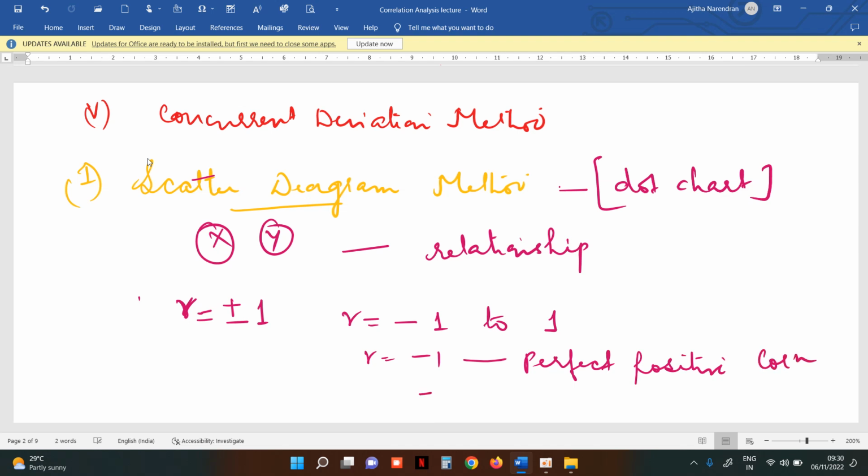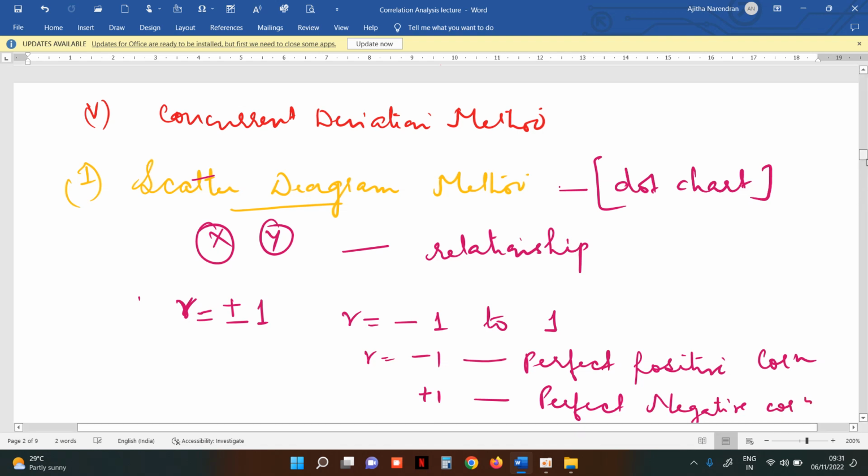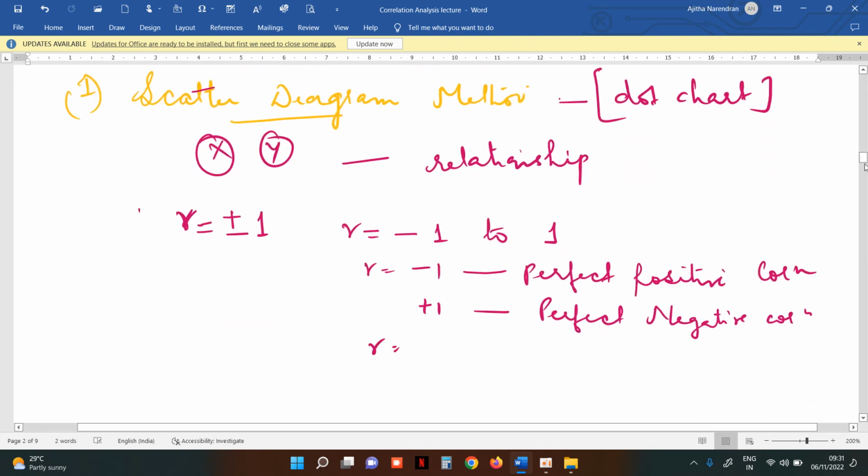And if r equals 0, there is no correlation. This is how we discover the relationship between two variables: perfect positive, perfect negative, or no correlation.